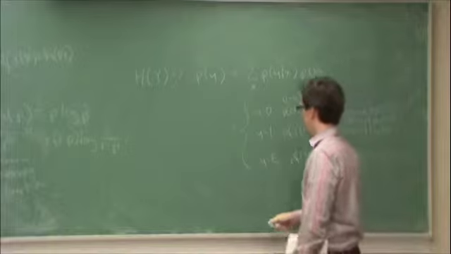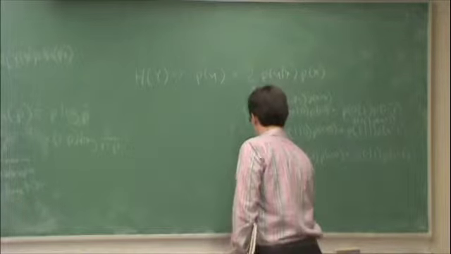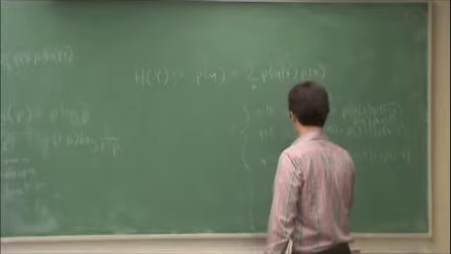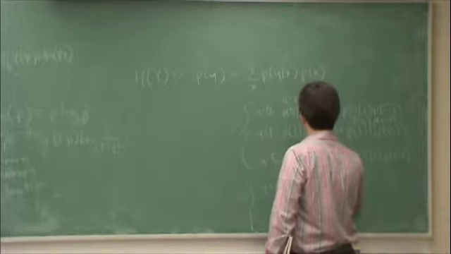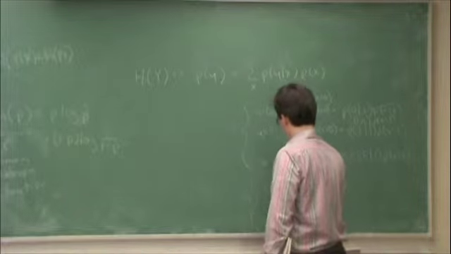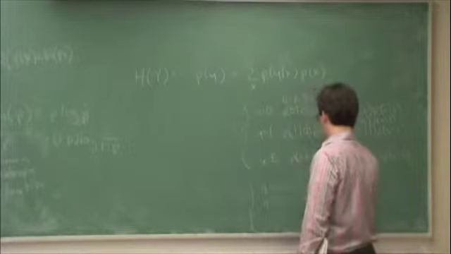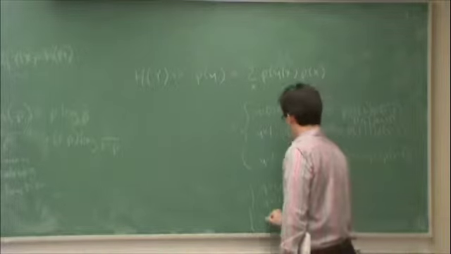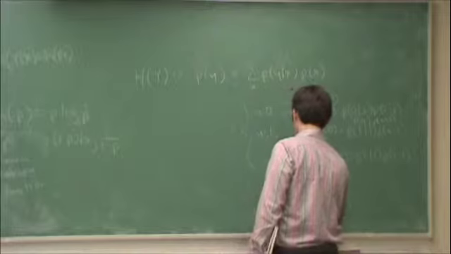So let me rewrite that. For y equals 0, I have 1 minus PE times probability x equals 0. For y equals 1, I have 1 minus PE times the probability x equals 1. And for y equals e, I have PE.